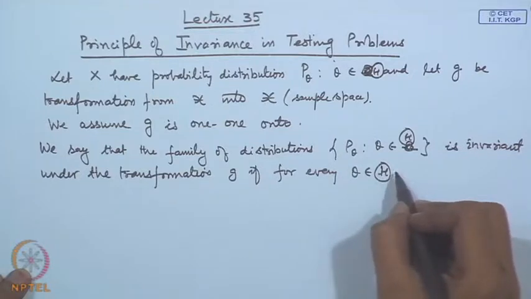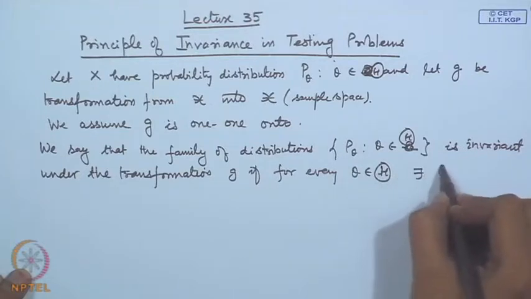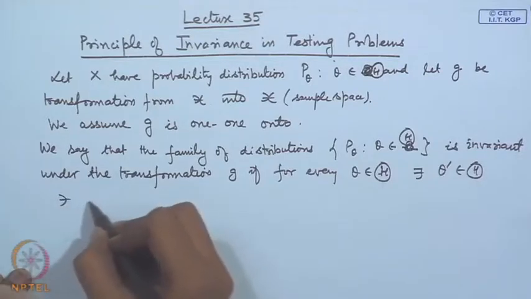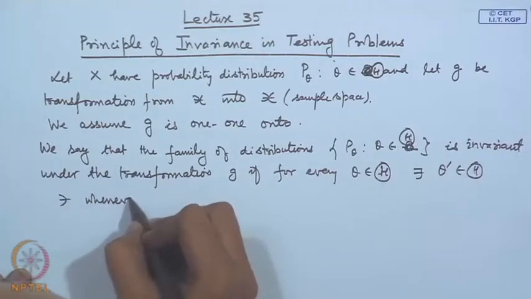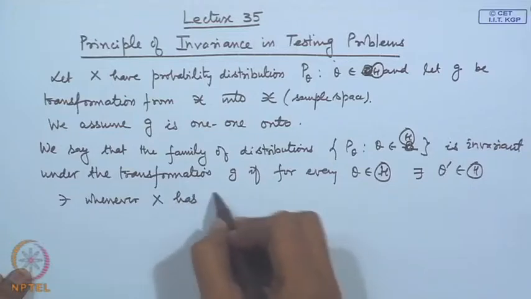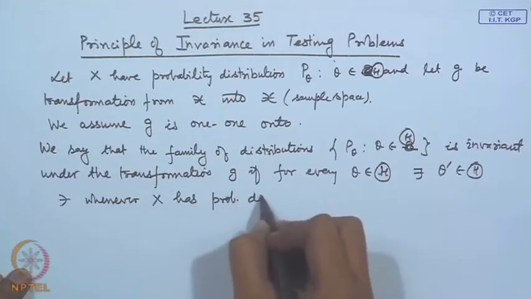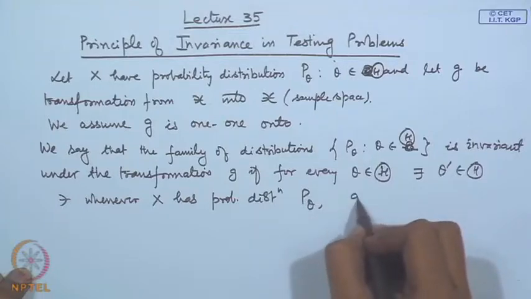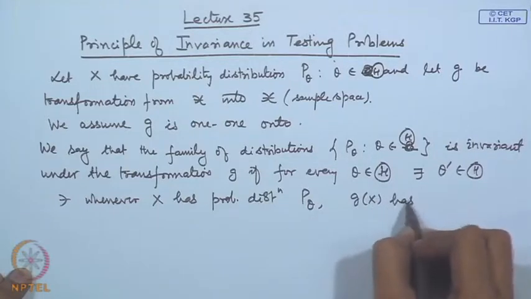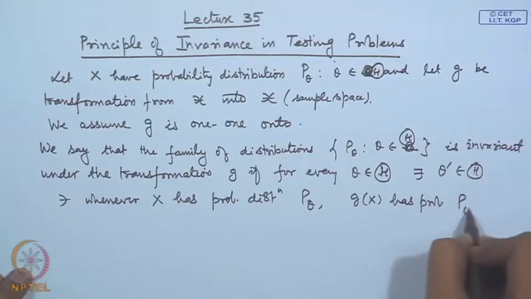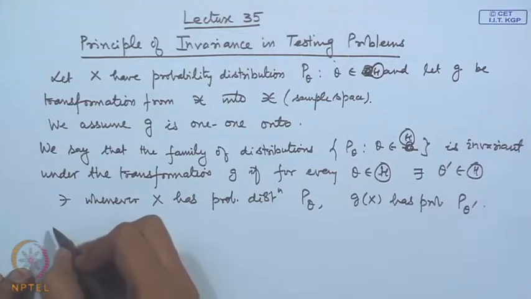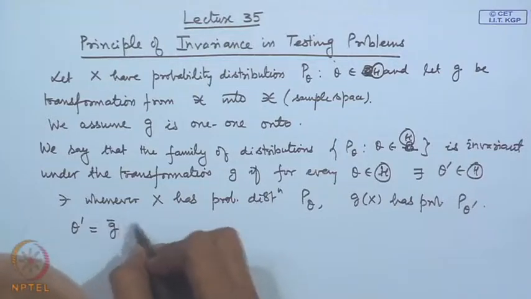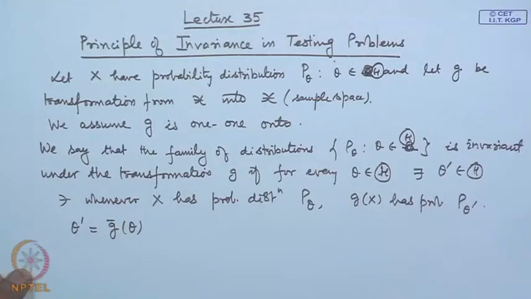if for every theta there exists a theta prime belonging to script theta such that whenever x has probability distribution p theta, g x has probability distribution p theta prime. We use the notation theta prime is equal to g bar theta.